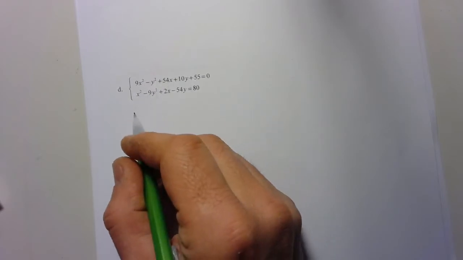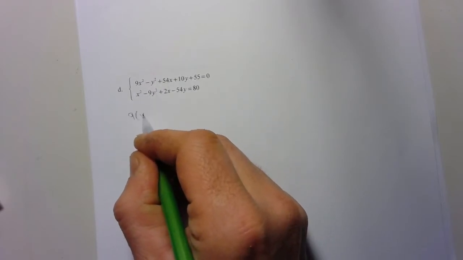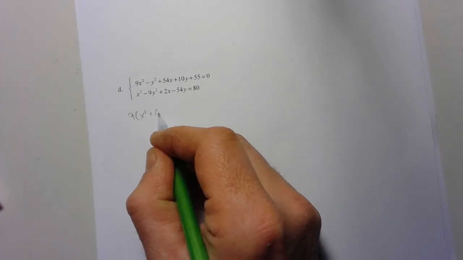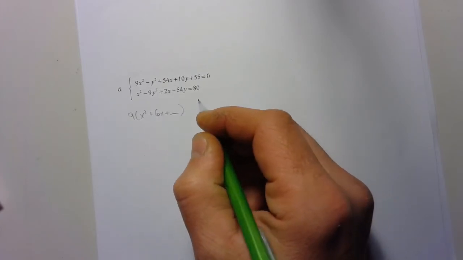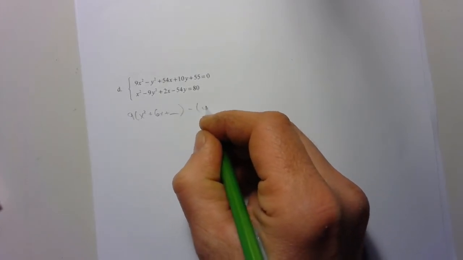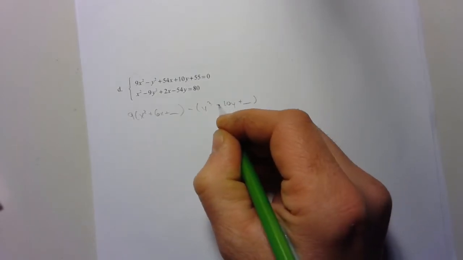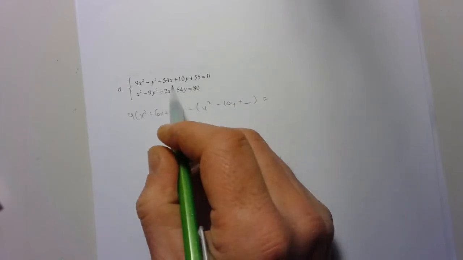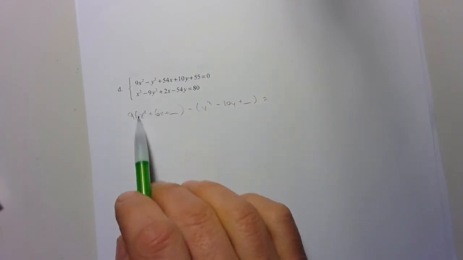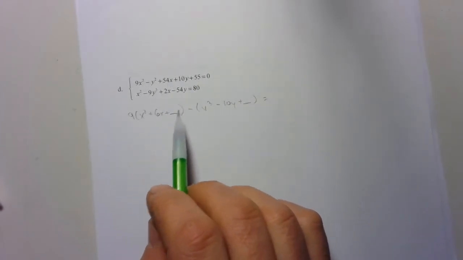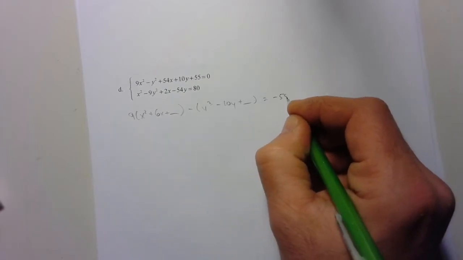If I'm looking at the first one there, I'm going to have 9x^2 + 6x + something, minus y^2 minus 10y plus something. Let me make sure I did that right. I'll move that 55 to the other side.